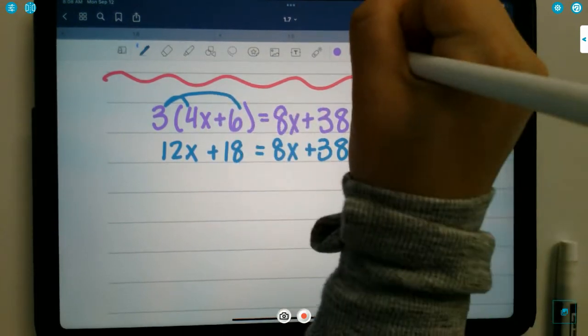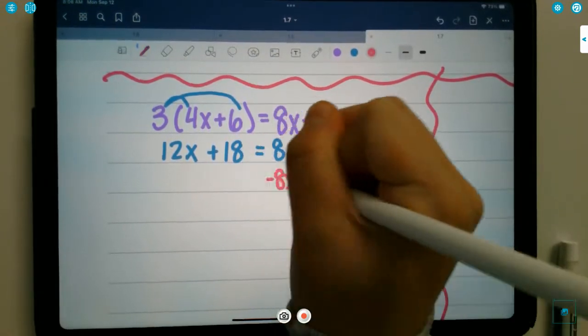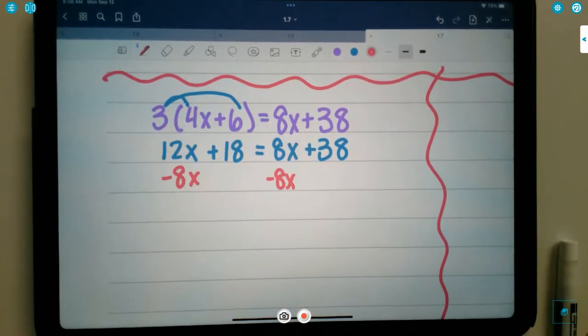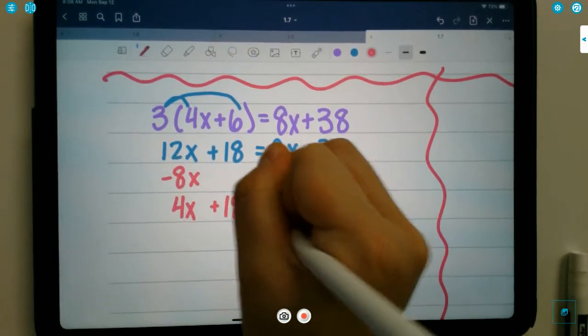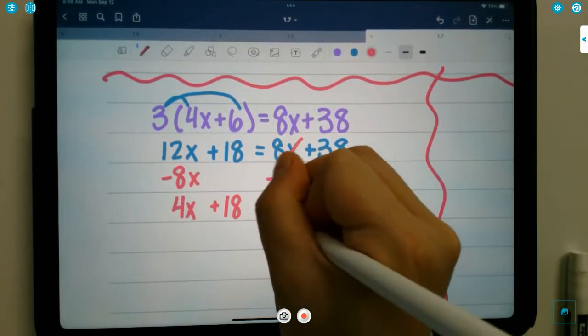I would do minus 8x on both sides. Either way, you should get the correct answer. But if you do minus 8x on both sides, you're going to avoid some negatives. So 12 minus 8 is 4. So I've got 4x plus 18 on the left. On the right side, I just have 38.